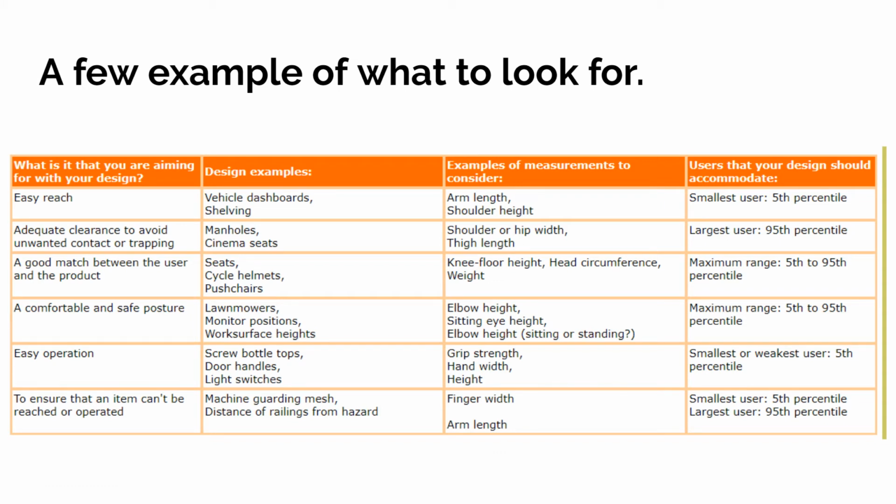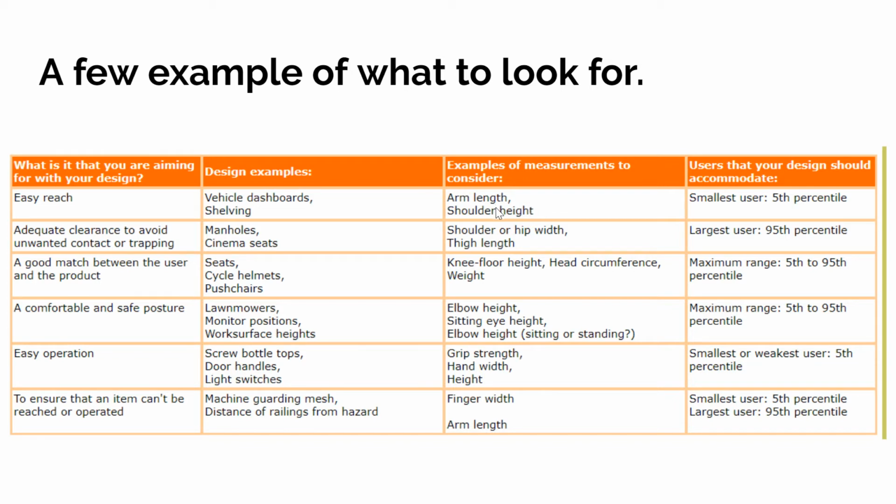So I've given a couple of examples here, and we'll link this slideshow within the website. So you might have a look at what particular use you want to make. For example, if you want something to be within easy reach, you can think about some design examples like vehicle dashboard, shelving, etc. Then from that you can extrapolate out, well, what actual data might be useful for me.